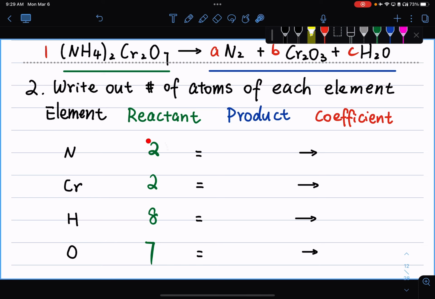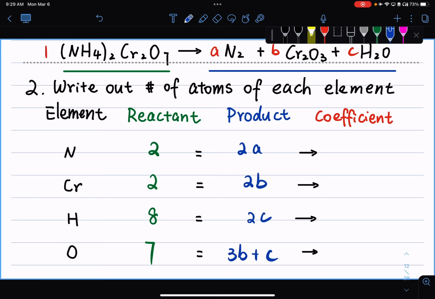So this is just counting how many atoms there are in my reactant. Then we can do the same for my product. How many nitrogen are there? That's A. Chromium, that's 2A, I'm sorry. Hydrogen is 2C. And oxygen is a bit more complicated: that's 3B plus C.